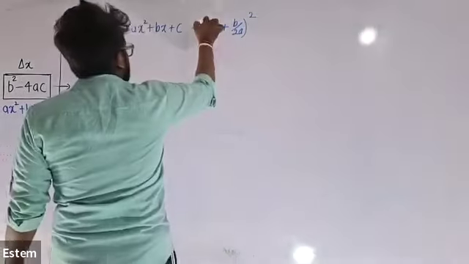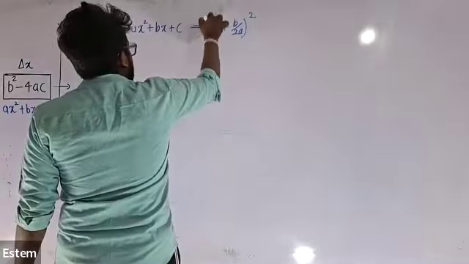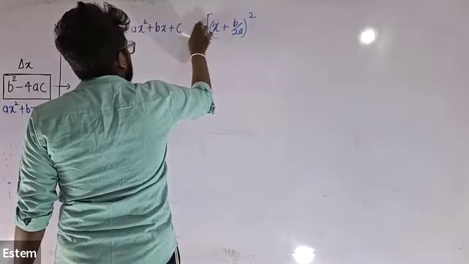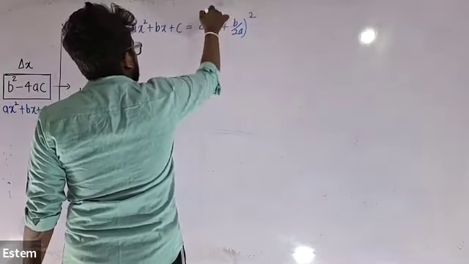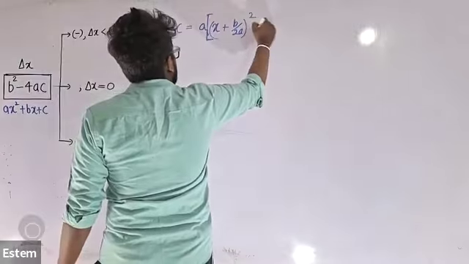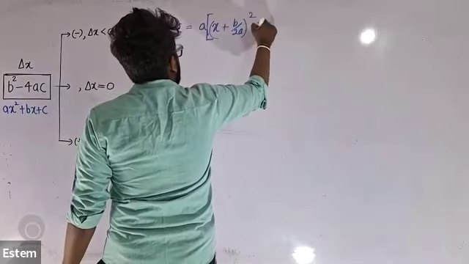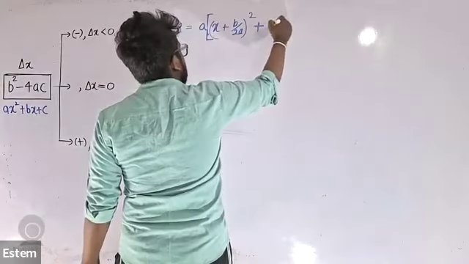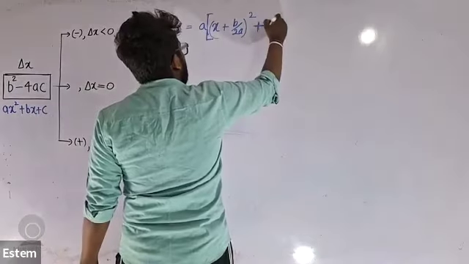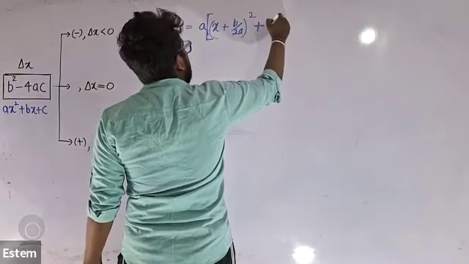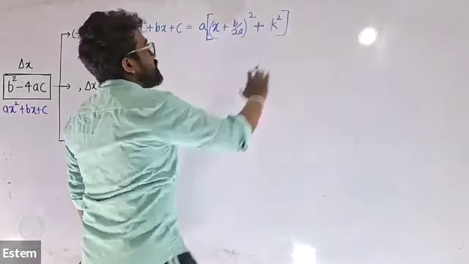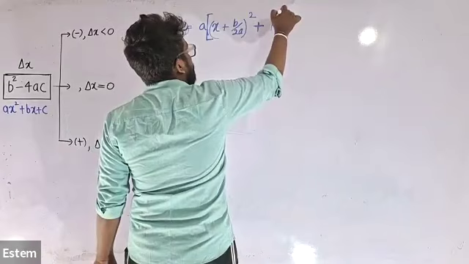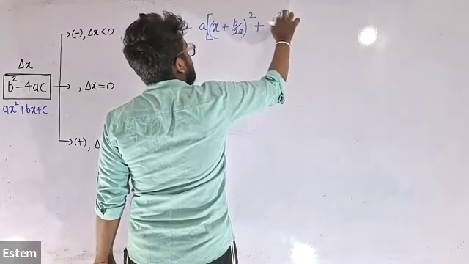Oh, almost. There is an a here. We should get the a out, no? And this is a times the square plus something. Something means it's just a number. And I think this is reasonable.